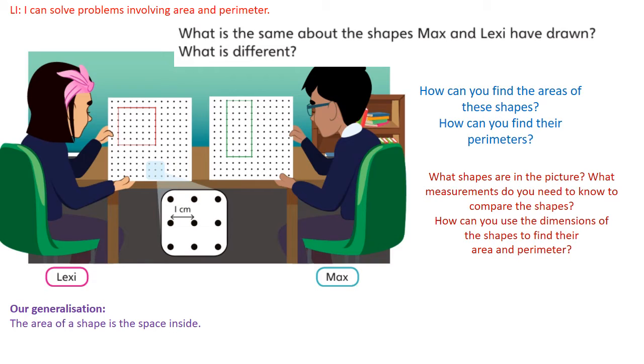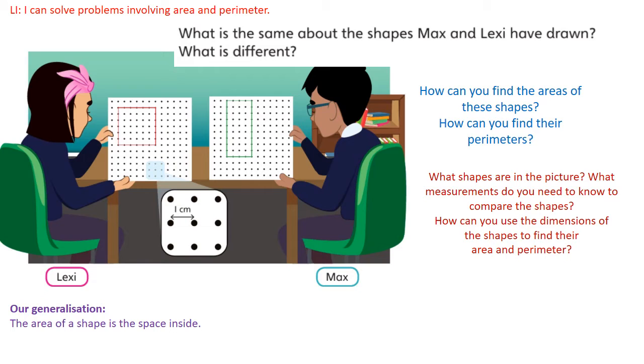Whereas Max's is 1, 2, 3, 4 across the bottom, but we also need to count the side as well. So that's 1, 2, 3, 4, 5, 6, 7, 8, 9. So his shape is 4 by 9.